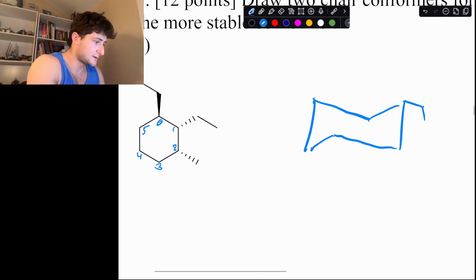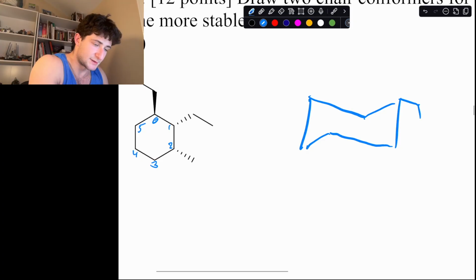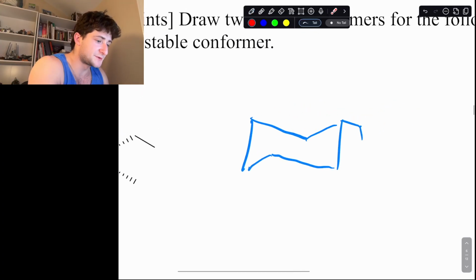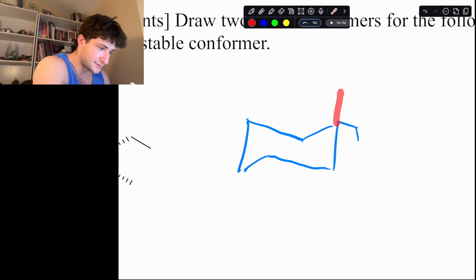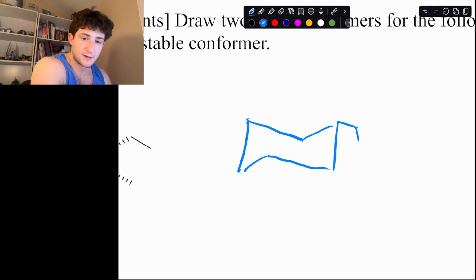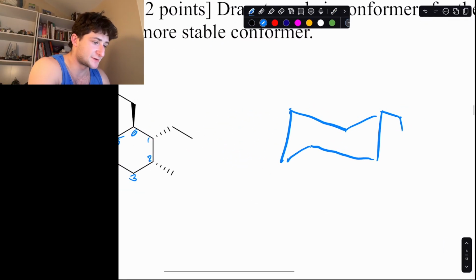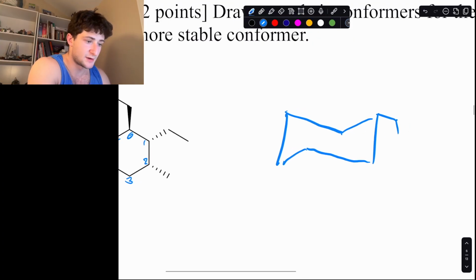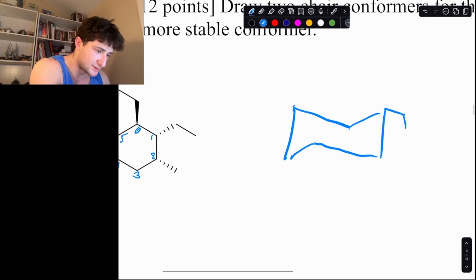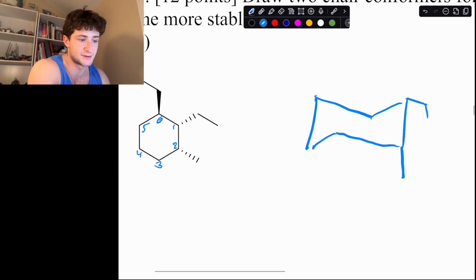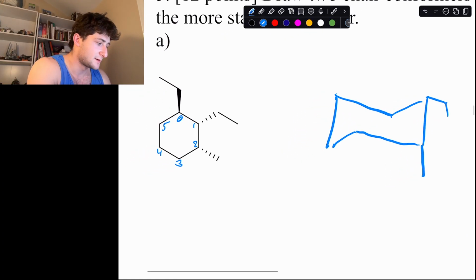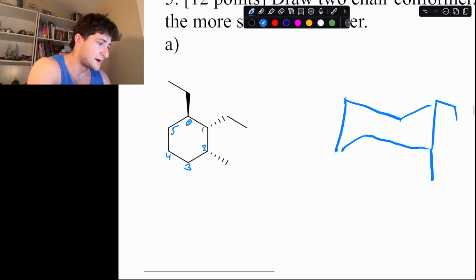Equatorial. And remember, they alternate up, down, up, down, up. So if the dashed for this equatorial was to the side, this next one is going to be down, and it's just a methyl. Okay, 3, 4, 5, 6.